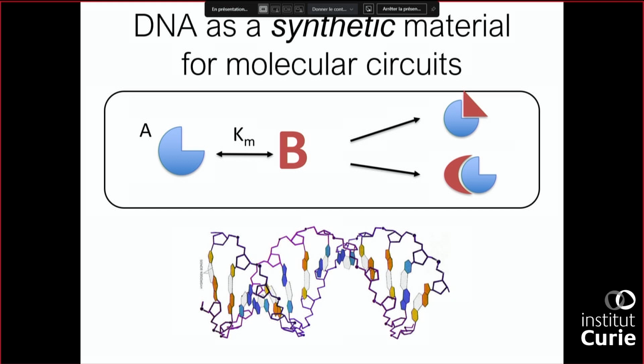For example, you can select B to be shorter or longer, depending on the strength that you want, or you can include a small number of mismatches into B. So you can easily decide, or implement, the desired thermodynamics of your system. So that's a very interesting property of DNA molecules.